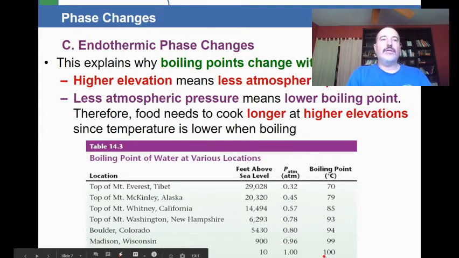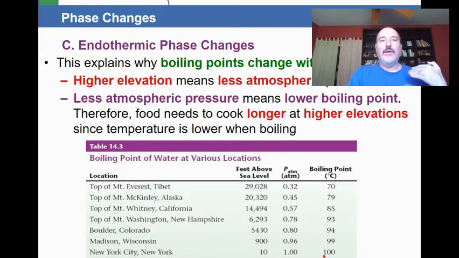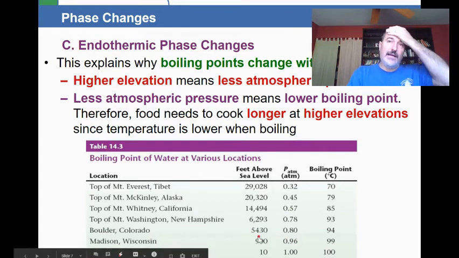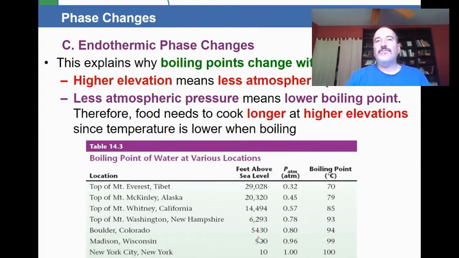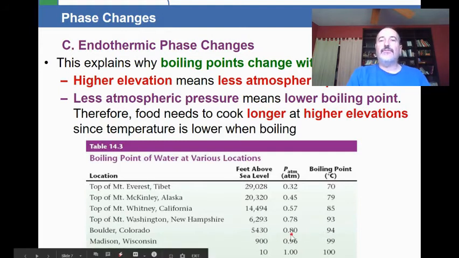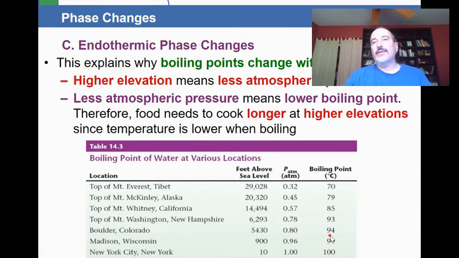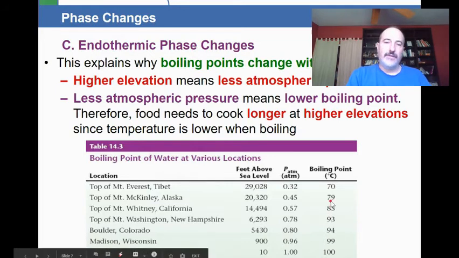But if you're cooking it at, let's say, up in Boulder, Colorado, which is even higher than Denver, it's approximately 5,430 feet above sea level. Then the pressure, instead of being a full atmosphere, is only about 0.8. And if you notice, the boiling point is at a lower temperature. Okay, the higher up in elevation you go, the lower the temperature is.